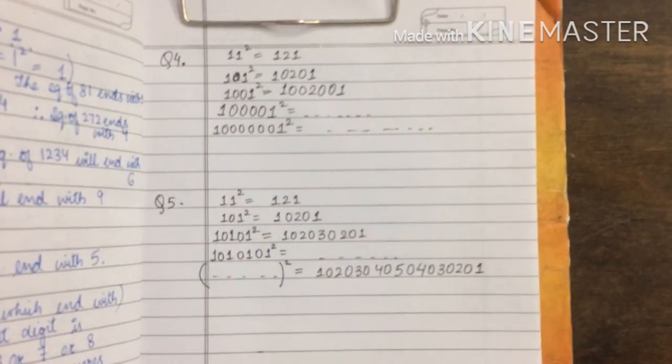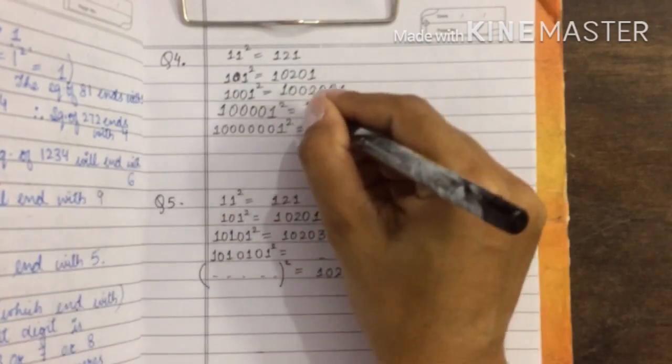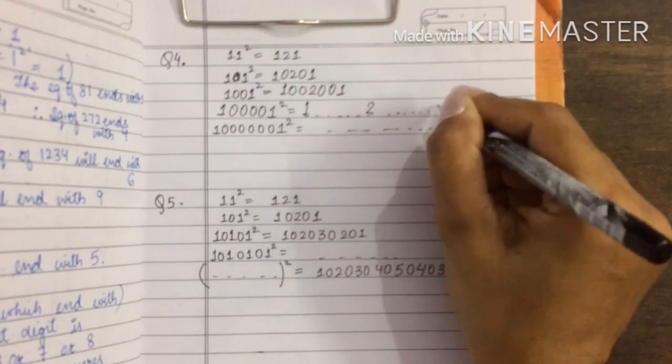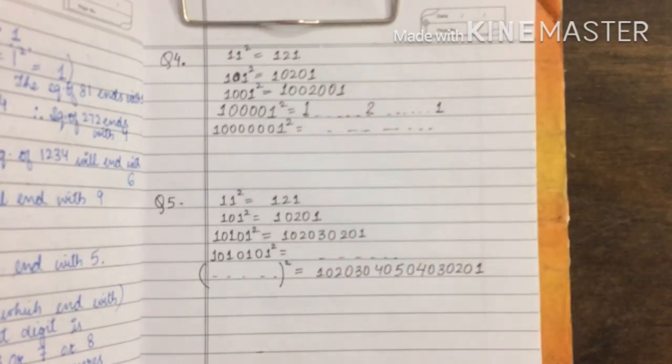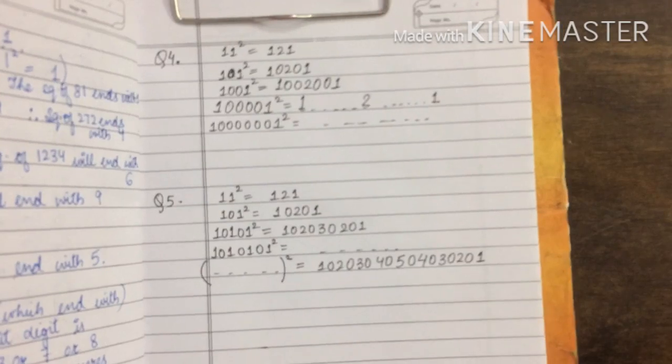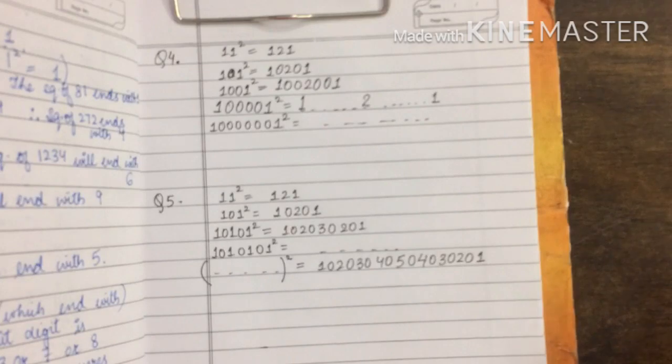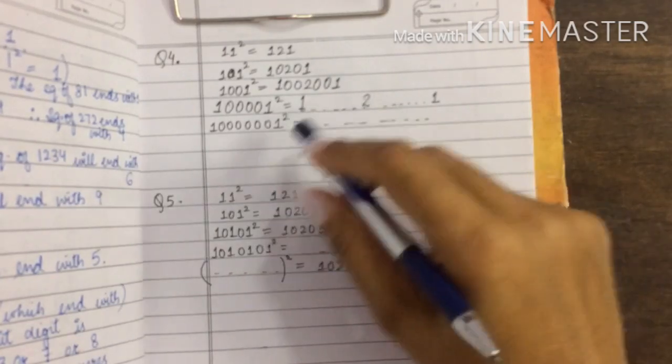They have not completely given the answer, neither have they put a blank completely. So they have written 1 here, there are some digits blank, then there is 2, and then some blanks, and then 1. So in between some digits are missing. And then finally for the last step, the complete answer is missing. You have to observe the pattern and then answer the missing values.